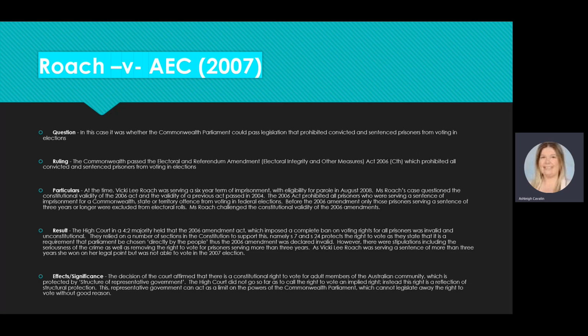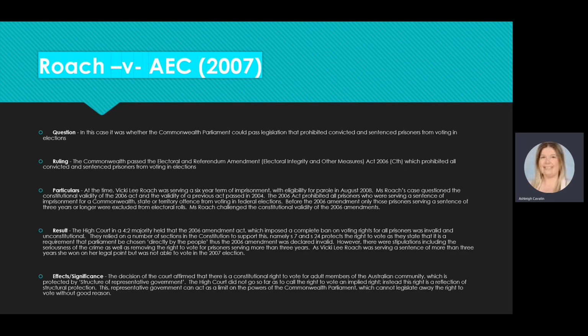They relied on a number of sections of the Constitution to support this, namely Section 7 and 24. They protected the right to vote, as they state that it is a requirement that Parliament must be chosen, and quote, "directly by the people." Thus, the 2006 amendment was declared invalid.